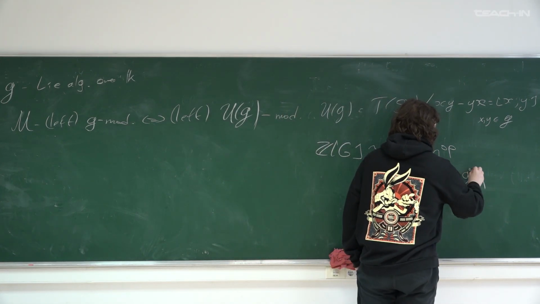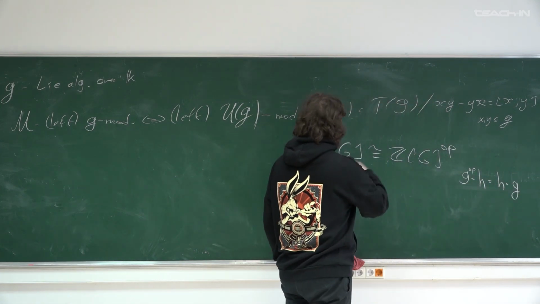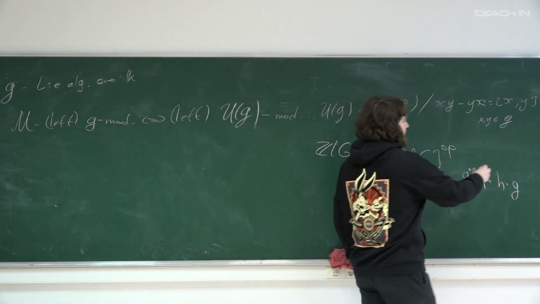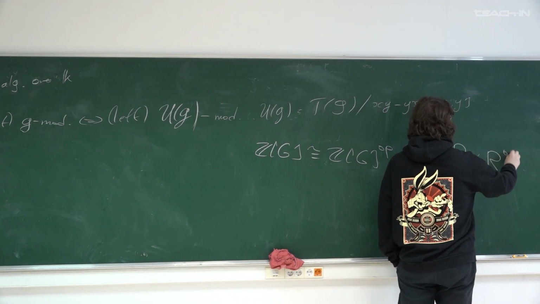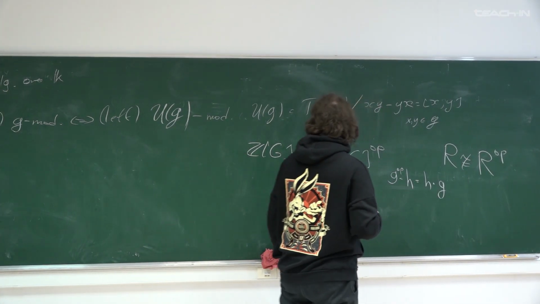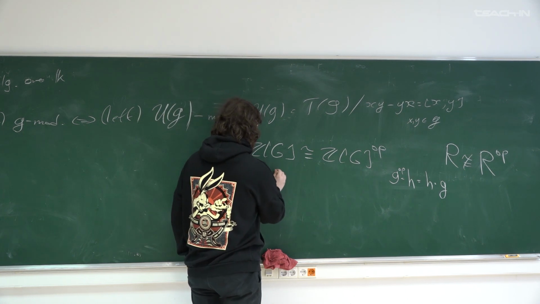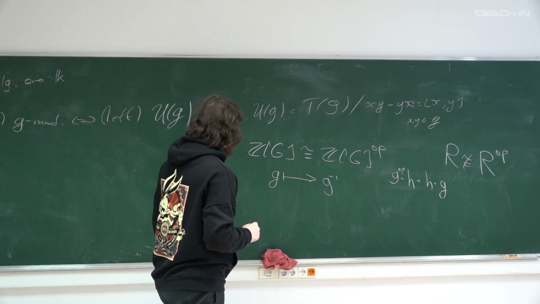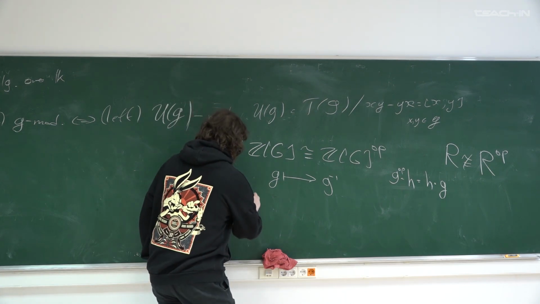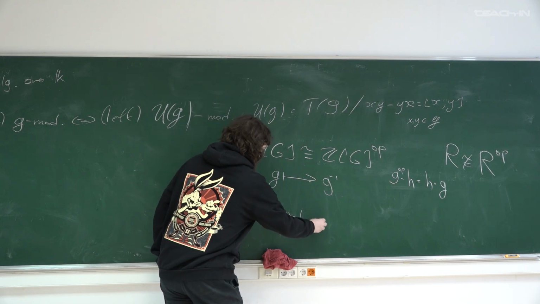In general, for an arbitrary ring that is not commutative, it is not isomorphic to the opposite ring, but for group rings they are isomorphic, because we have an isomorphism which sends g to g inverse.